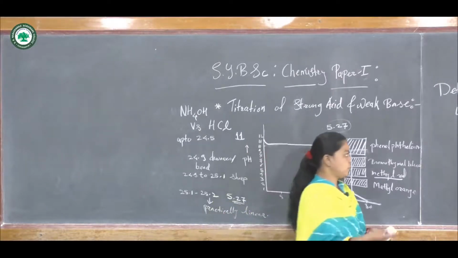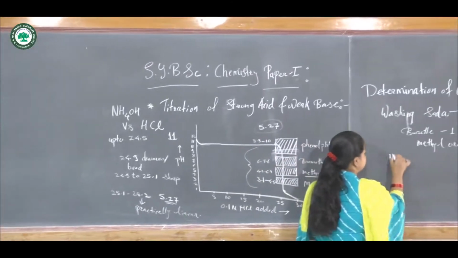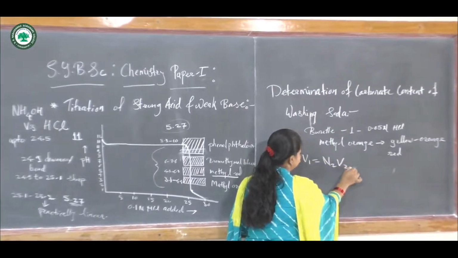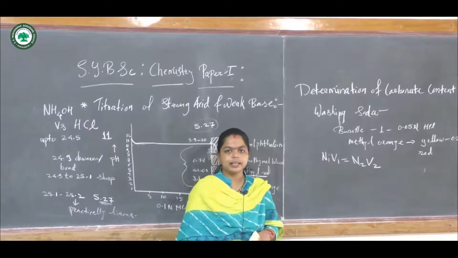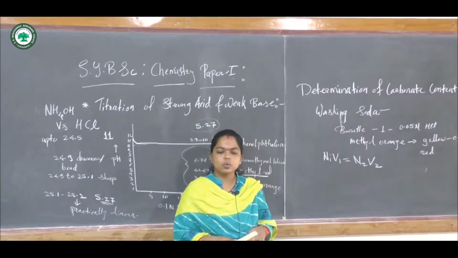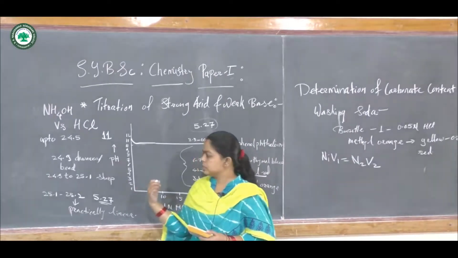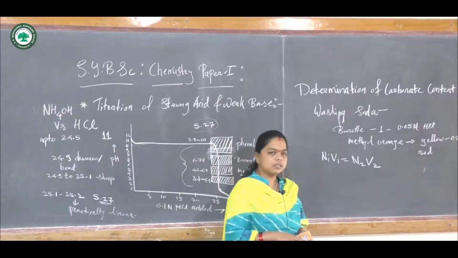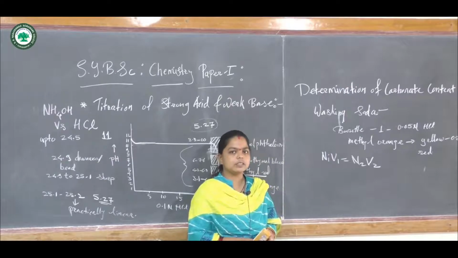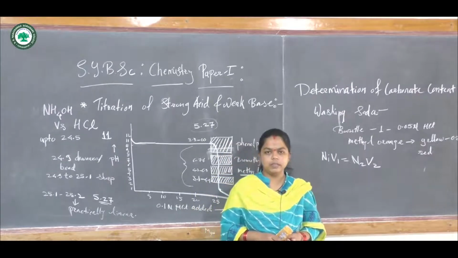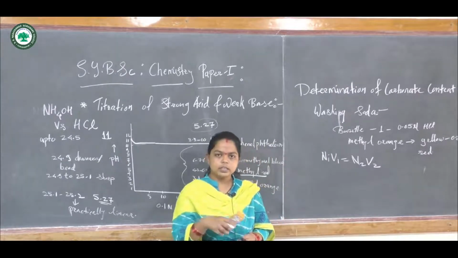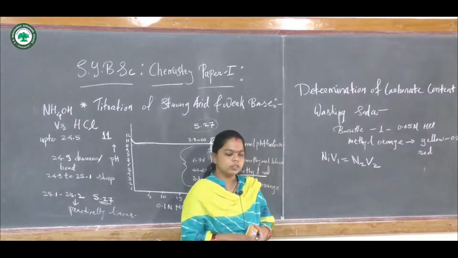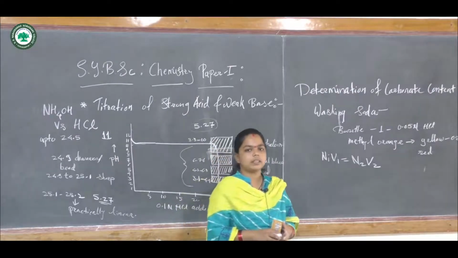So by using the formula N1V1 equals N2V2, we can find out the exact normality of this sodium carbonate, like the titration we have seen previously. In this case, HCl is the strong acid and sodium carbonate is the weak base or the weak electrolyte. It is taken in the conical flask. We fill the burette with the 0.05 normal HCl, and methyl orange acts as the indicator.